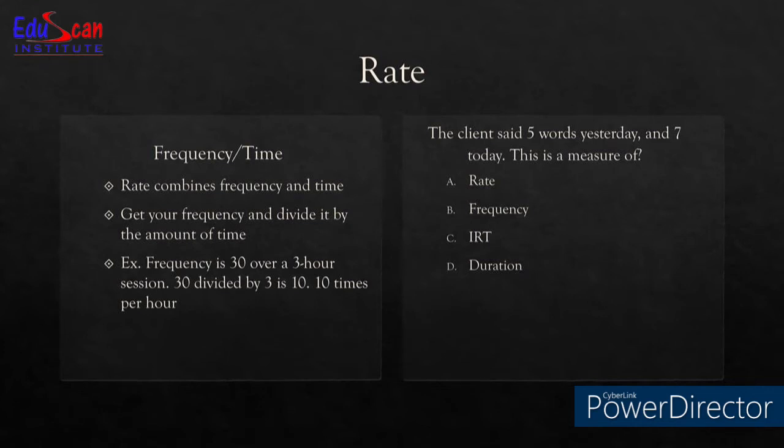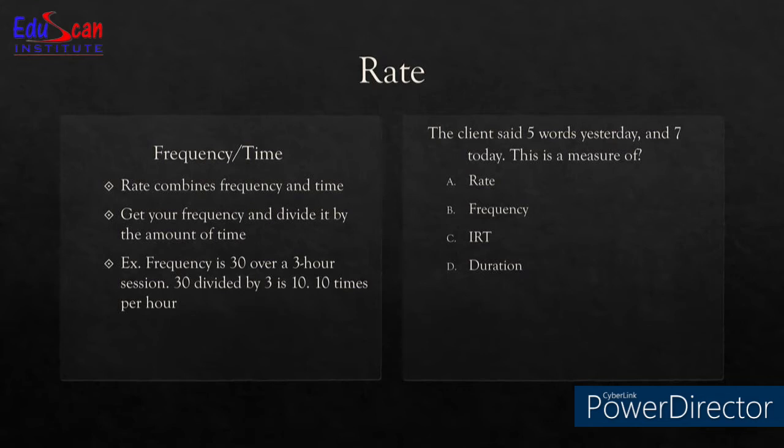The client said 5 words yesterday and 7 words today. Is this a measurement of rate, frequency, IRT, or duration? What we're talking about, 5 words yesterday and 7 words today, is actually an example of frequency.